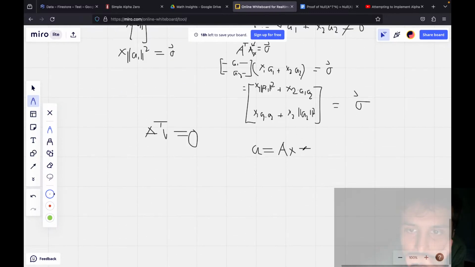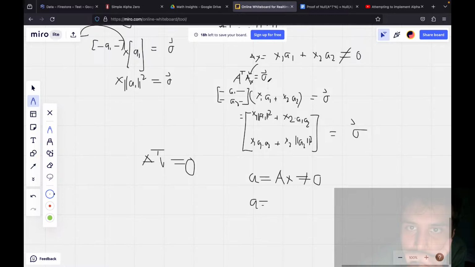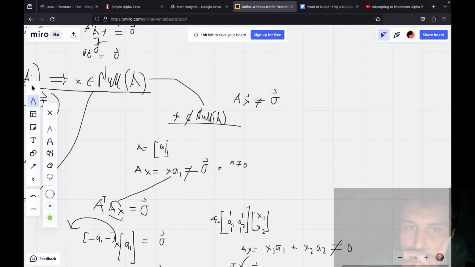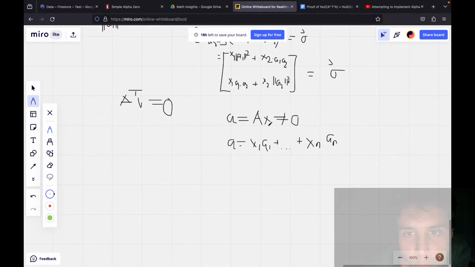And Ax is a1x1 plus dot dot dot plus anxn, where a1 through an are the columns of A. Whatever this x is, which is not in the null space of A, when we compute Ax on it, what we get is some linear combination of these a_i.